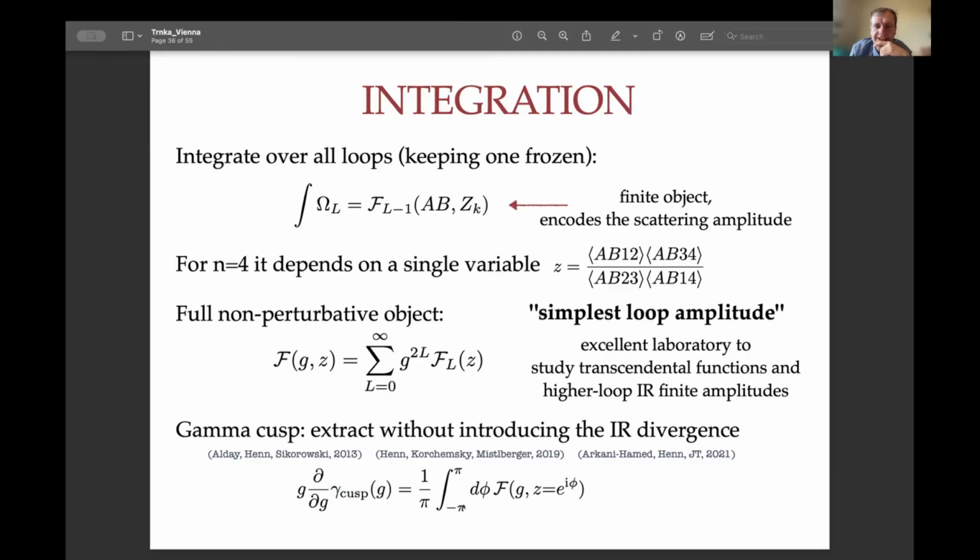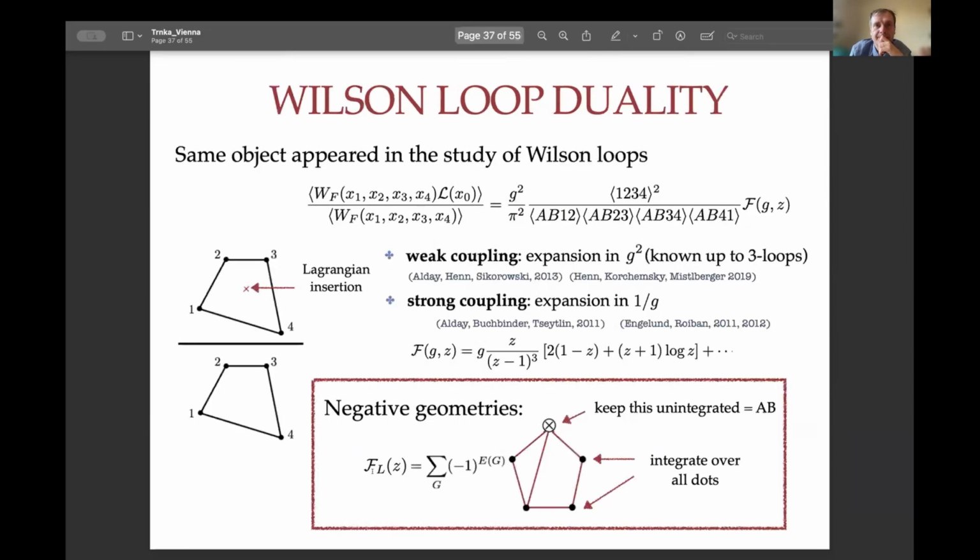You just do certain integral over the circle of this z variable, and you get not directly the gamma cusp, but some simple differential equation for the gamma cusp. So there is a way how to extract gamma cusp from the f function without actually making it divergent and reading off the leading IR divergence, which we will use later too.